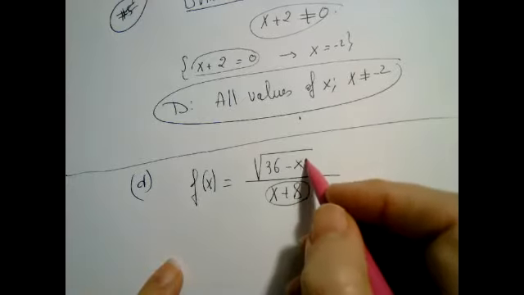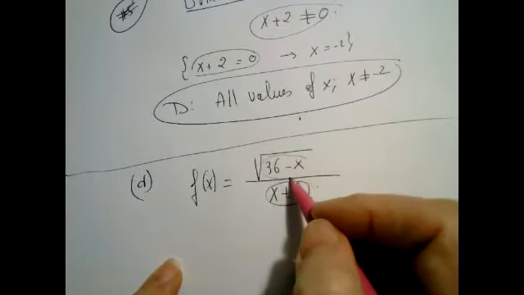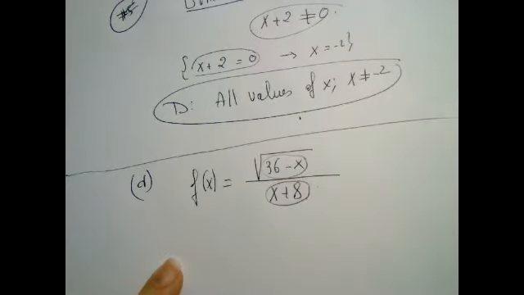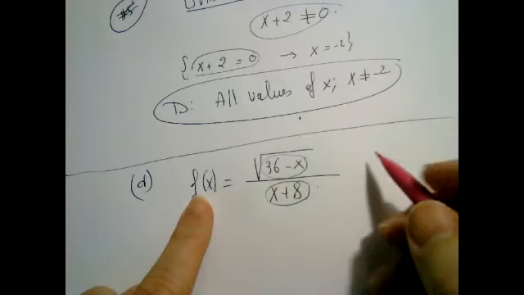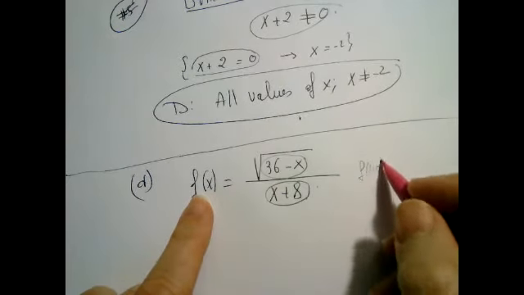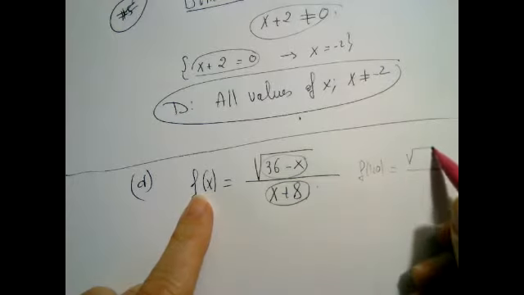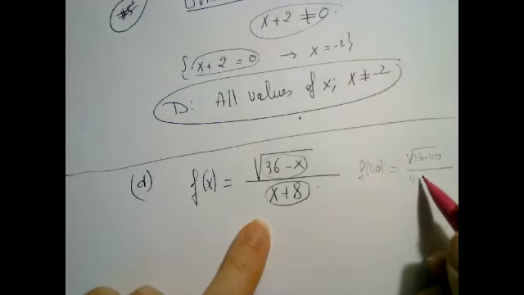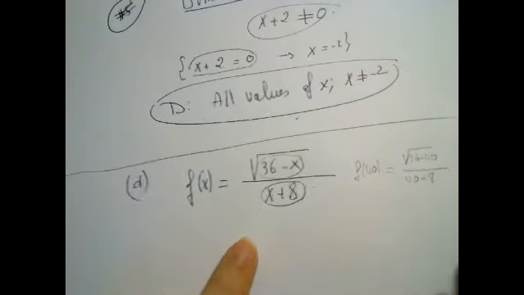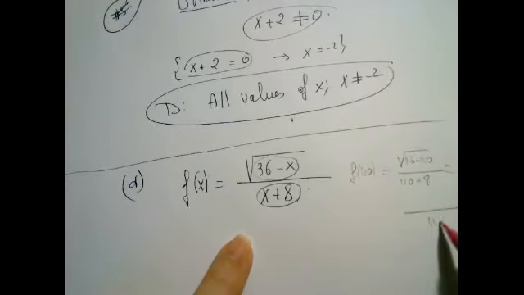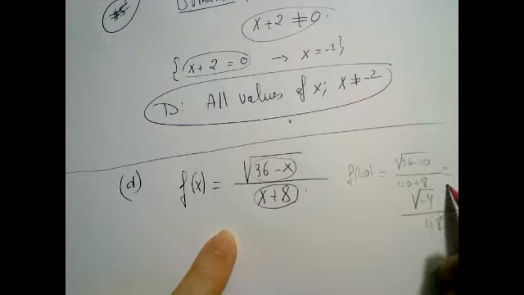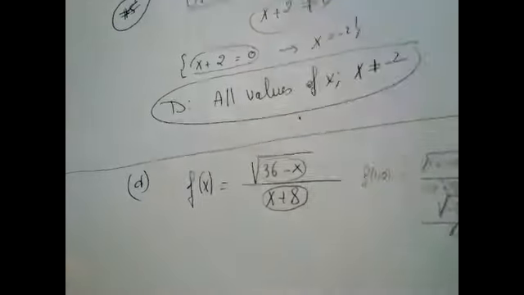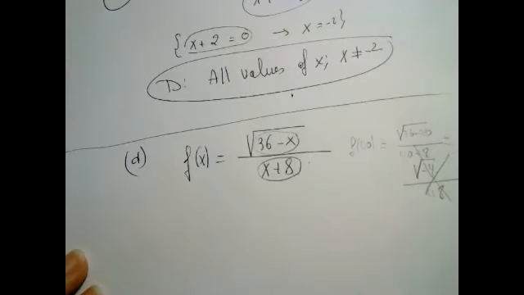Any time I have a square root, I have to make sure that what's under my square root is positive. For example, if I evaluate f at 40, I will get the square root of 36 minus 40 over 40 plus 8. The denominator is safe because it's 48, but 36 minus 40 gives the square root of minus 4, which is not a real number. Very good. So no negative in the square root.